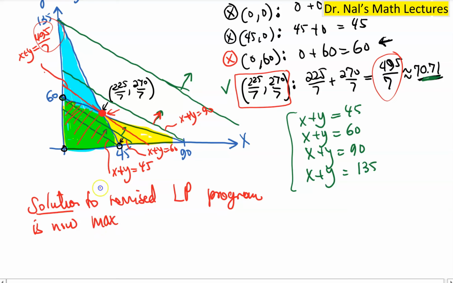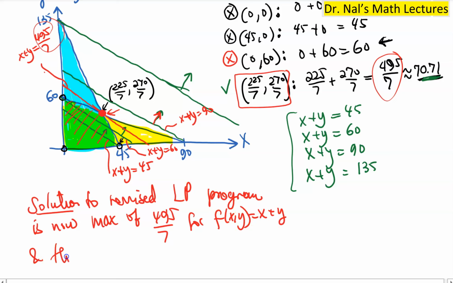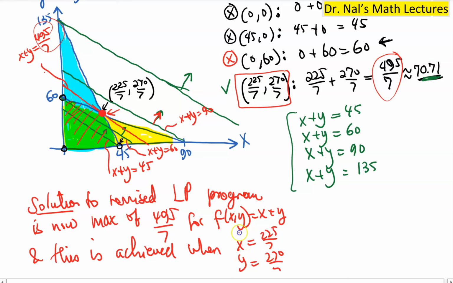The maximum is now 495/7 for f of x, y equals x plus y, and this is achieved when x is equal to 225/7 and y is equal to 270/7.